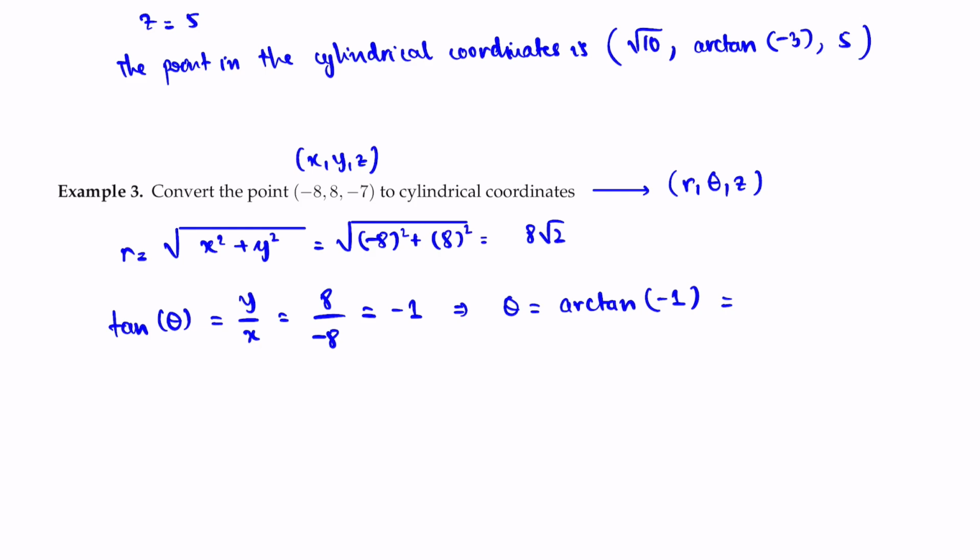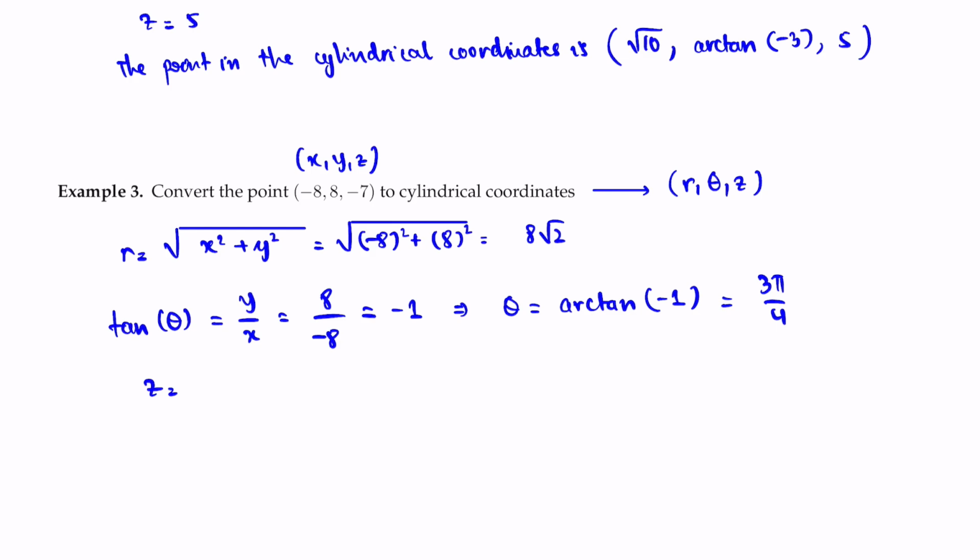Because tangent of theta is equal to negative 1, the reference angle that we need to look for is pi over 4. In addition, the x value is a negative number and the y value is a positive number, so the point x, y is in the second quadrant on the xy plane. And therefore, theta in this case is going to be equal to 3 pi over 4.